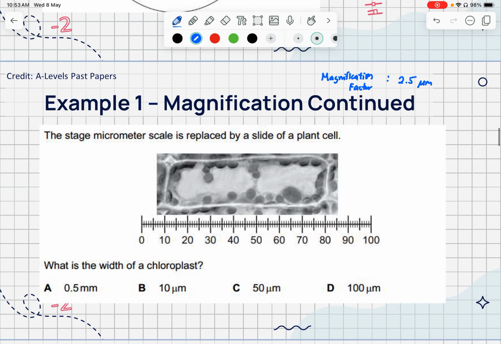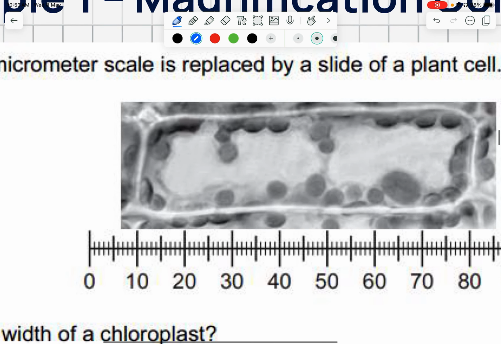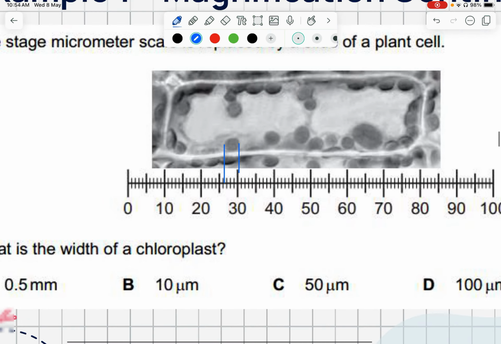So the chloroplast, let me just take one example. Let me take this. Okay, let me get a thinner line. I would say it's pointing to about here. I just assume it will be 26, and here is about 30. So this is about 4. So 30 minus 26 is about 4.